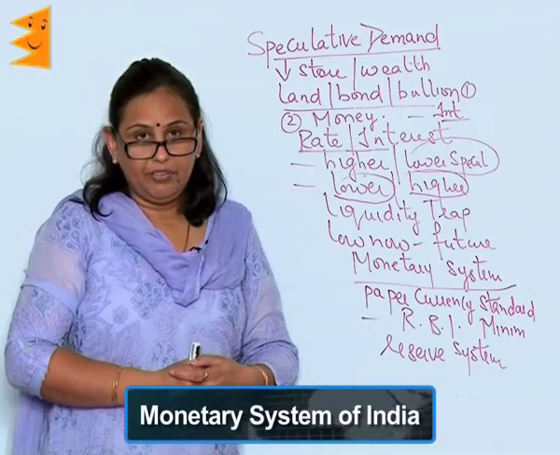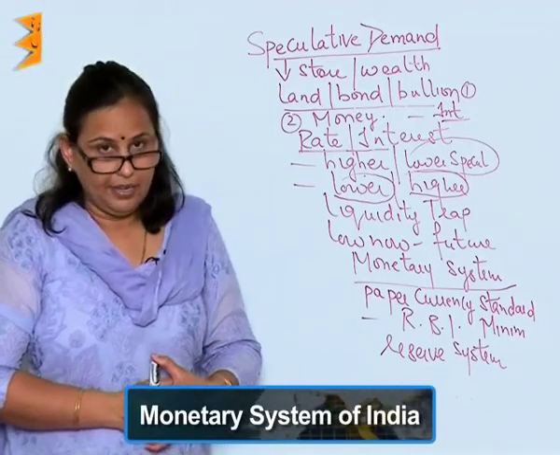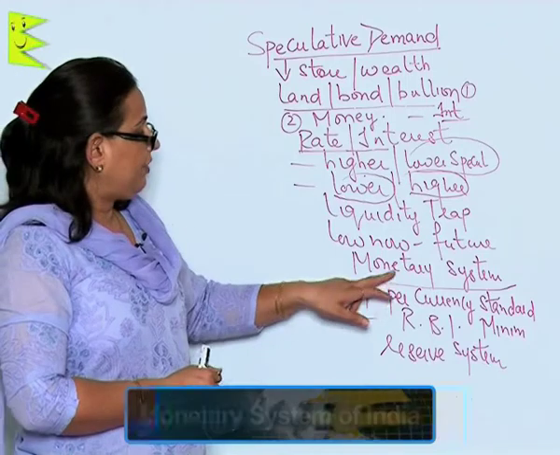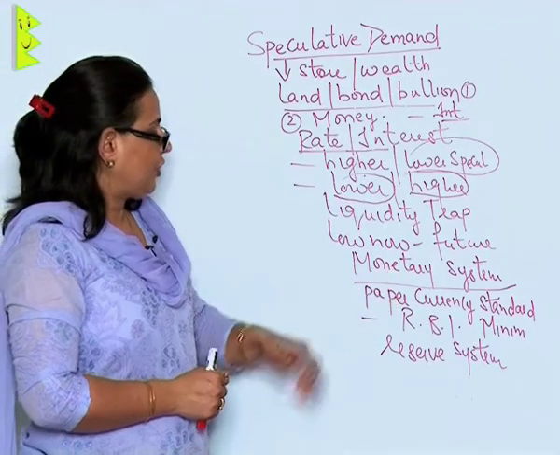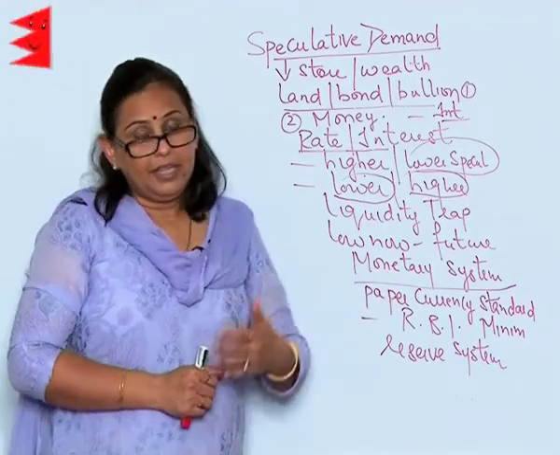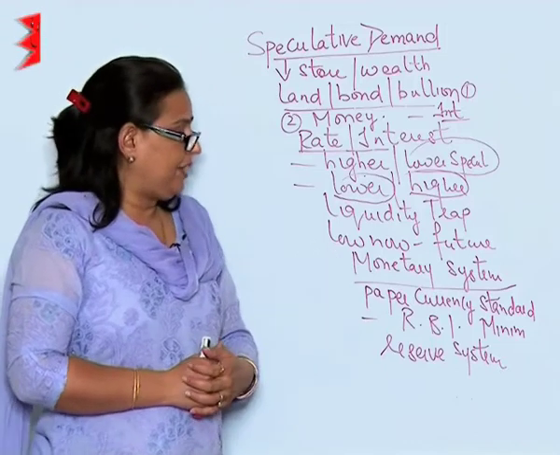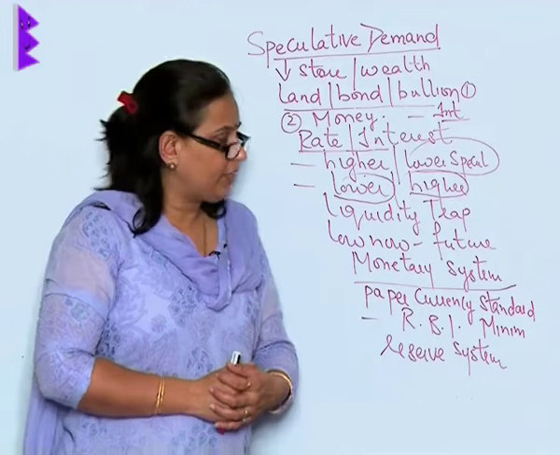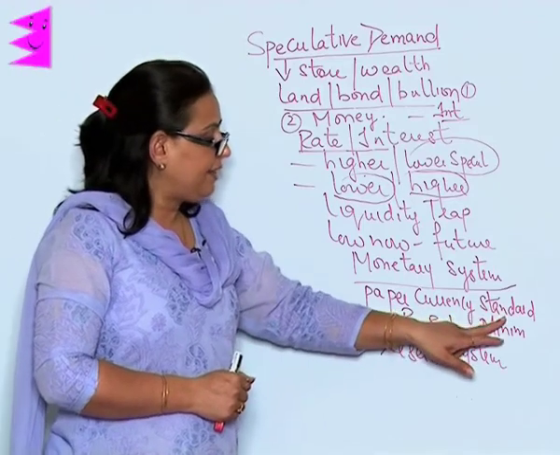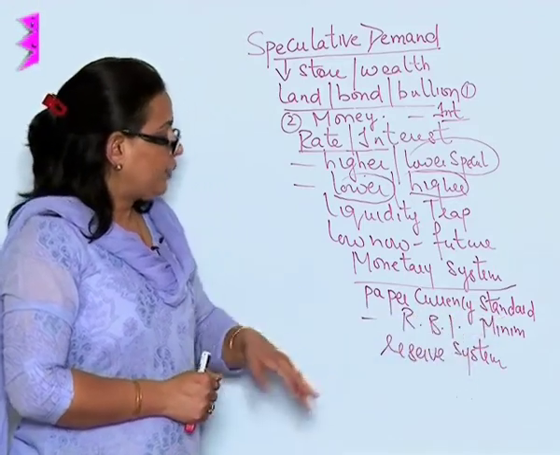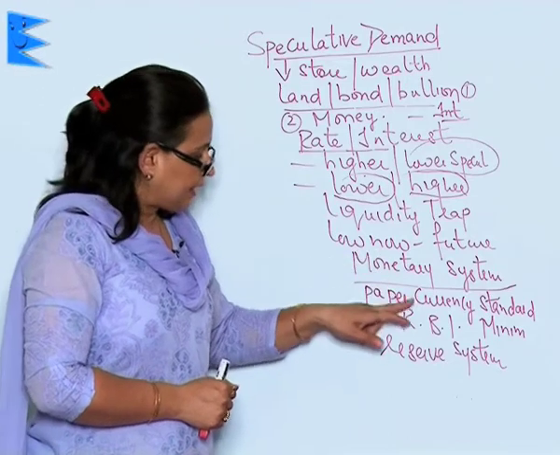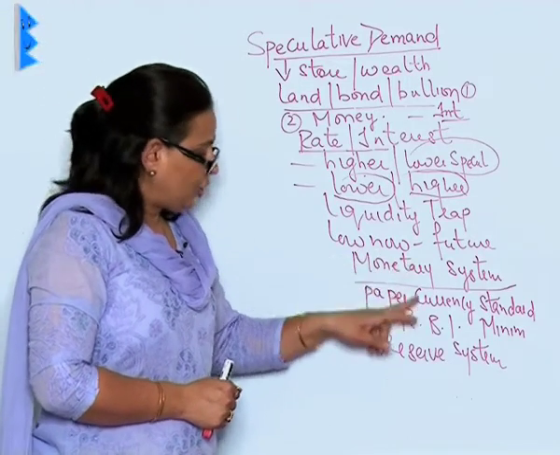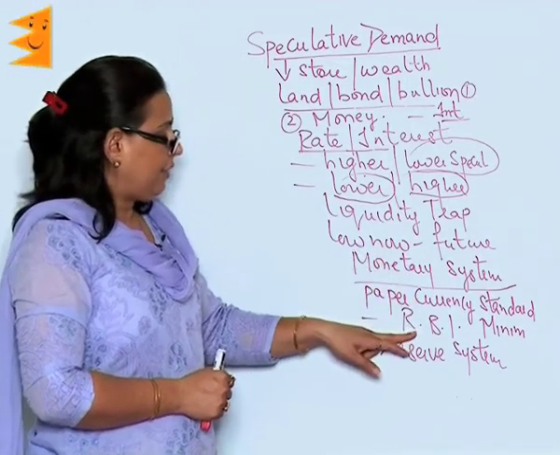What is the monetary system of India? The monetary system in India is such that the Reserve Bank of India issues the paper currency notes, which are standard money. That is to say, they are accepted, authorized, and issued by the Reserve Bank of India.